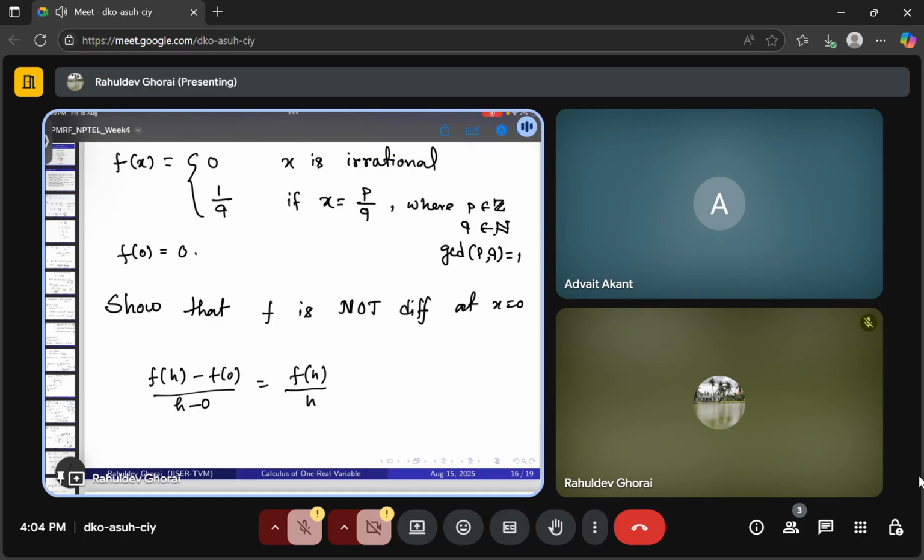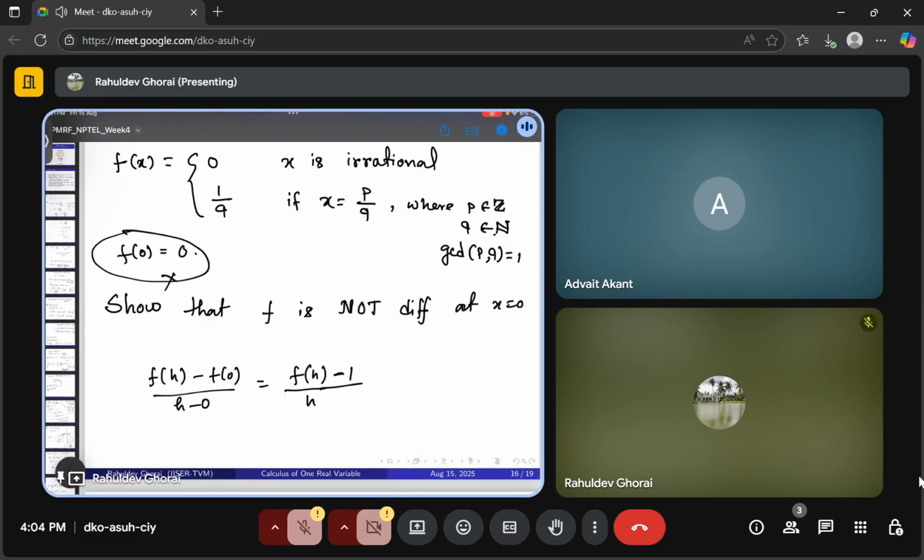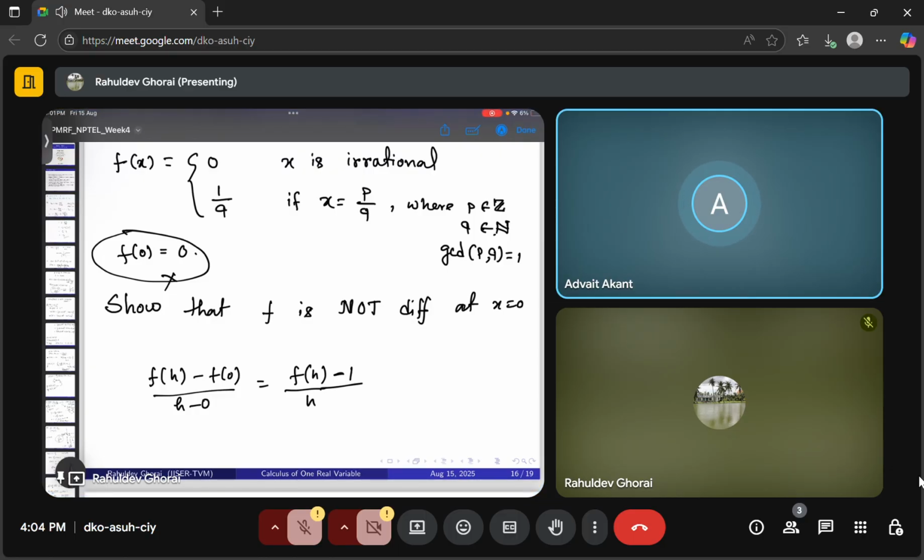Okay, so let's define f(0) is equal to 0. If it is not, let's forget that now. It would have been much better if we are taking f(0) equal to 0, but let's say not. Then if h is irrational, f(h) is 0.